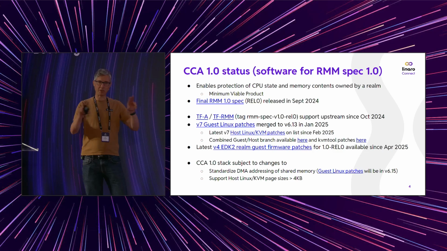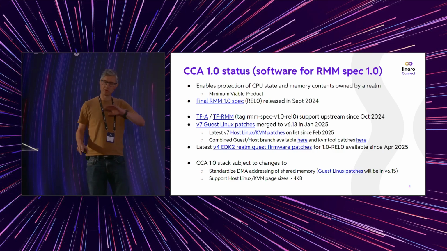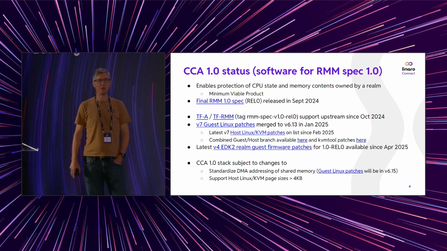The top bit which splits the realm address space into shared and private memory was masked in the stack when you pass through. But we realized that was going to be a problem when we start to do real device assignment, and that bit needed to be passed through the stack, and so we've added some more standardization there.